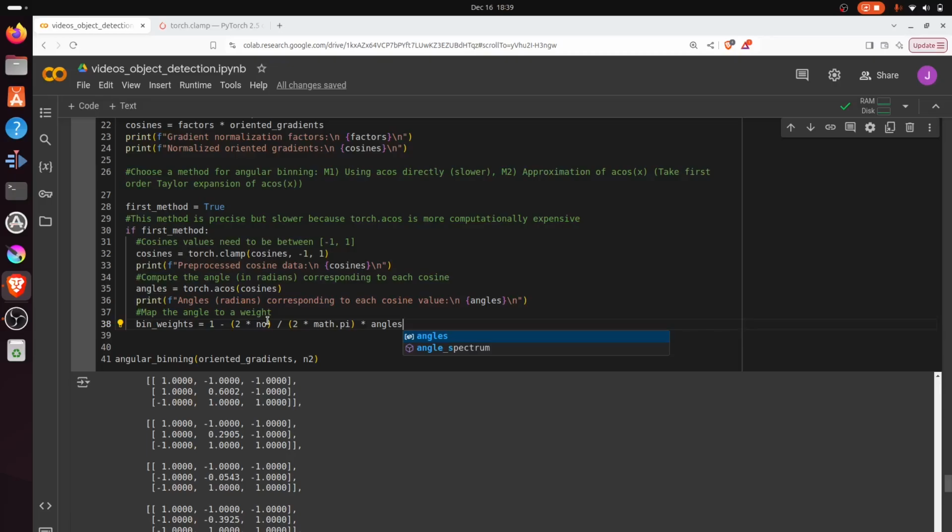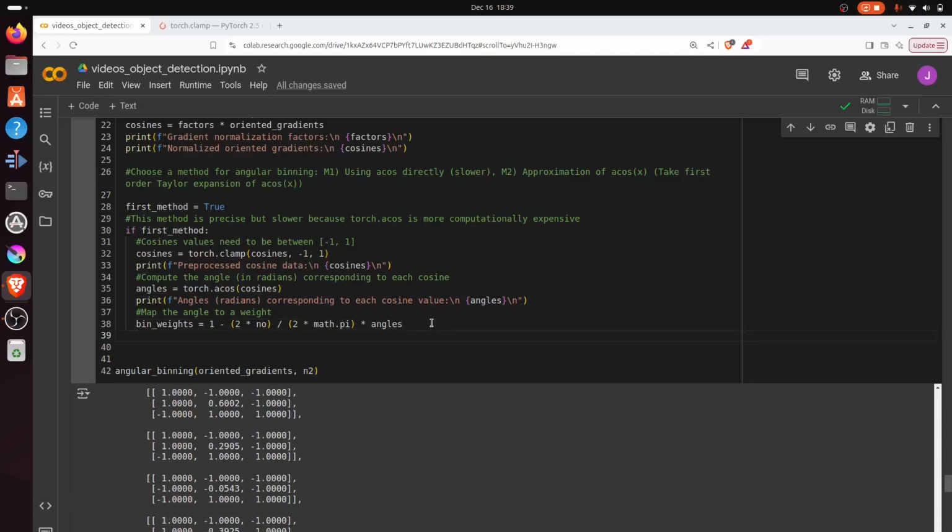So now we just obtained these bin weights, and let's just have a look at them. We're going to have the weights associated to angles, and here we have bin weights. Okay, so there we have it.